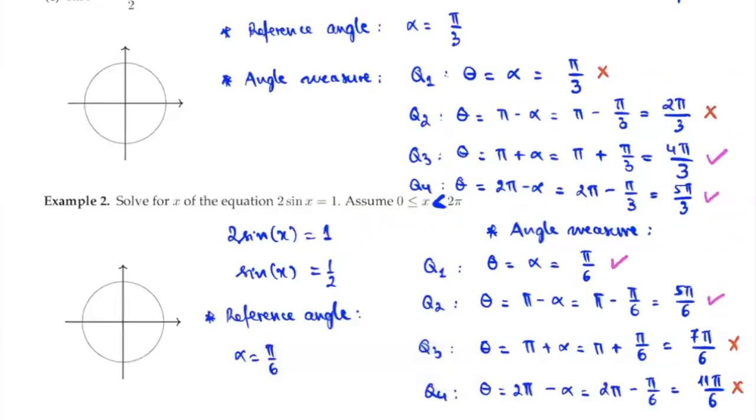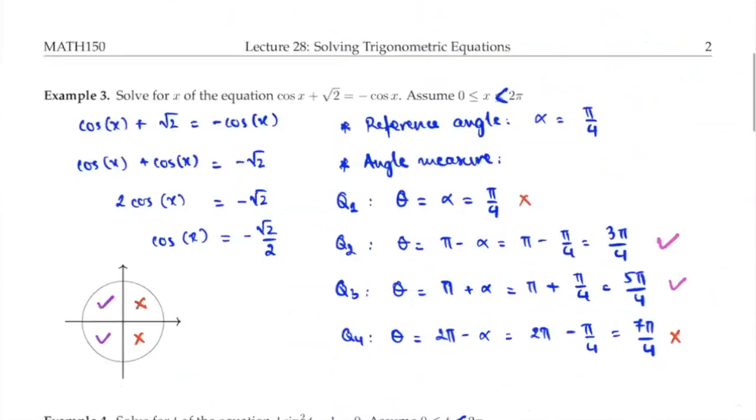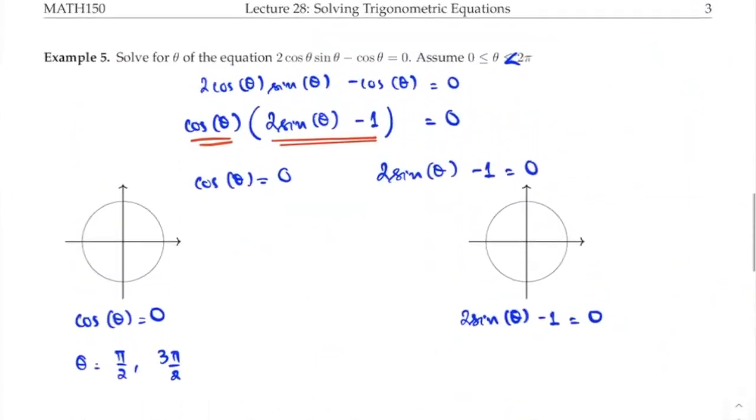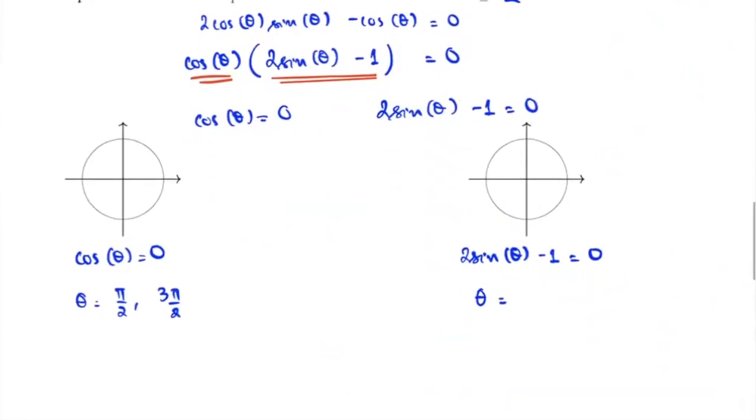And we're going to eliminate the two solutions in quadrant 3 and quadrant 4. So I'm going to bring these two solutions down into example 5. So the solutions are theta equal to pi over 6, and theta equal to 5 pi over 6.